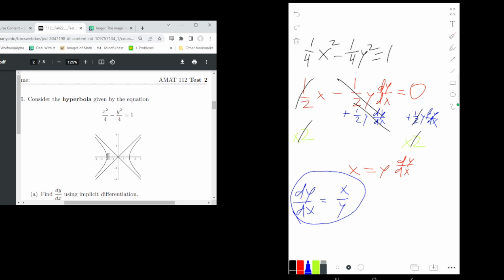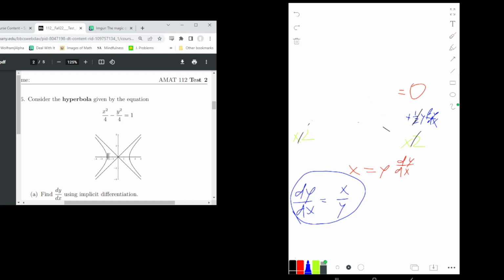Okay. And now notice that thing that I couldn't seem to get my words around earlier, about how at -2, 0 and 2, 0, the tangent lines were vertical and so had an undefined slope.